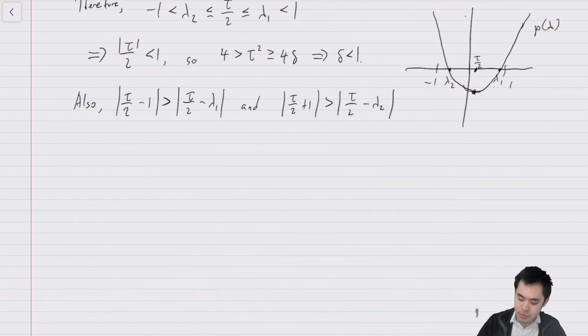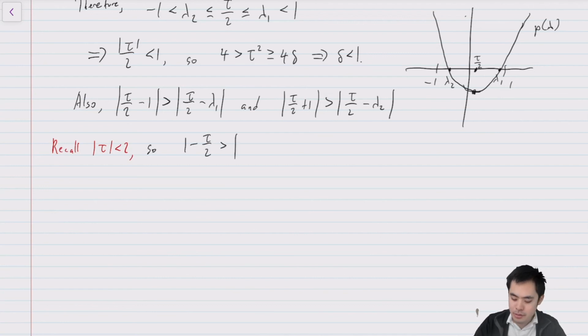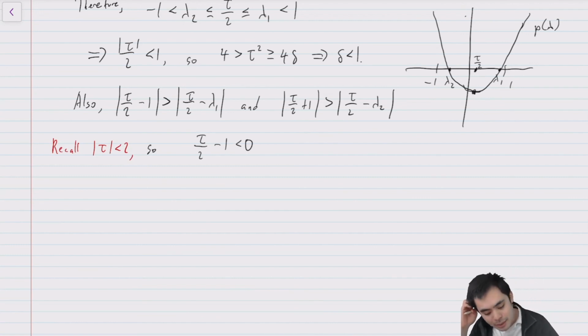So now recall that the absolute value of tau is less than 2 from above by the triangle inequality. So we know that tau over 2 minus 1 is less than 0, because tau has absolute value less than 2, so this is a negative number.